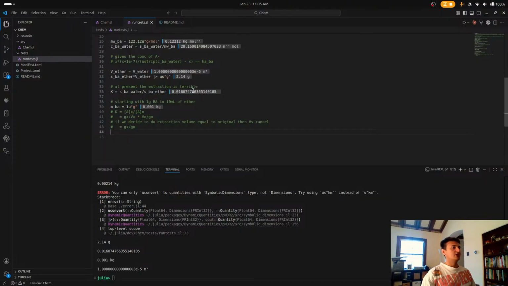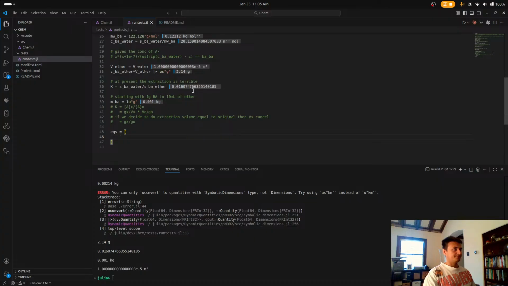We also know that the equations are GX plus GO is equal to M_BA.